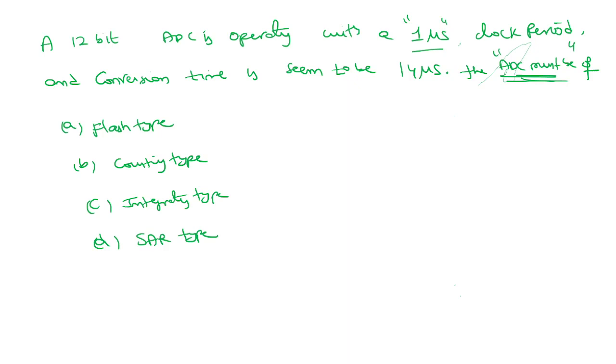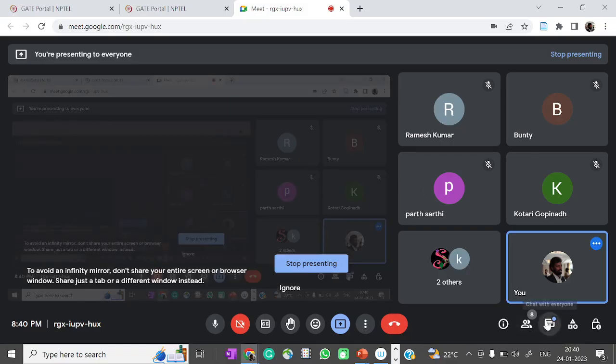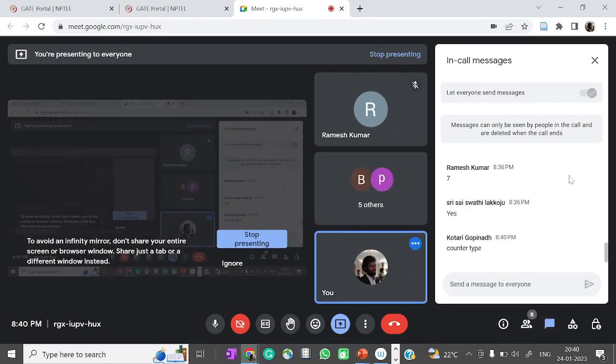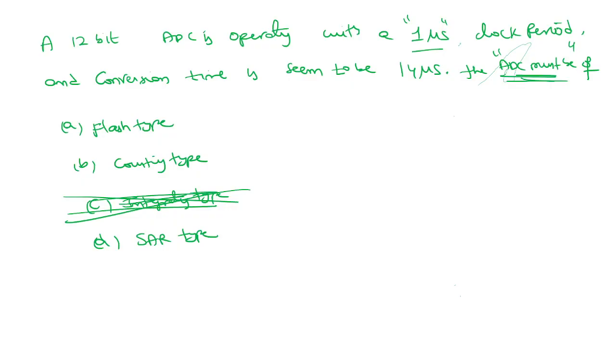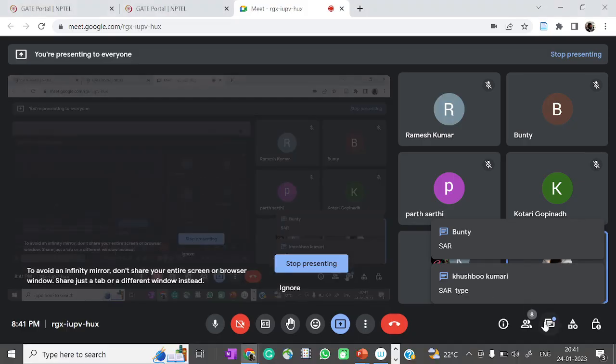Okay, right now I know people are thinking about it. Forget about integrating type, let's say. Answer is, exactly.